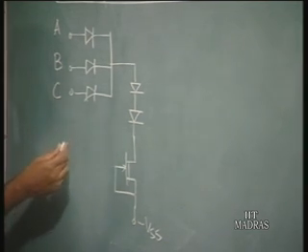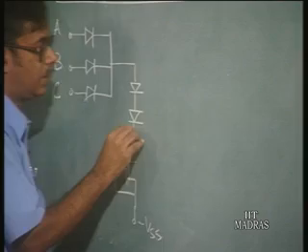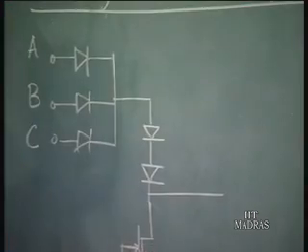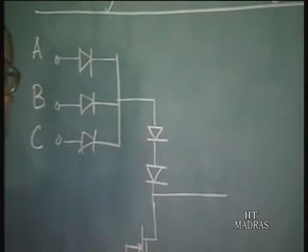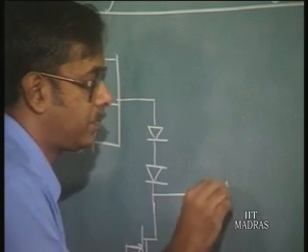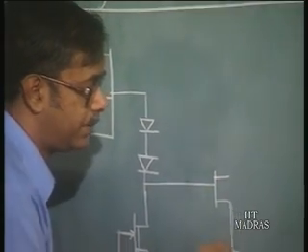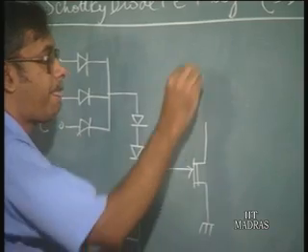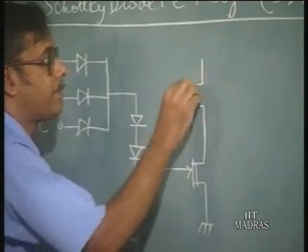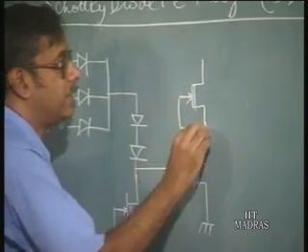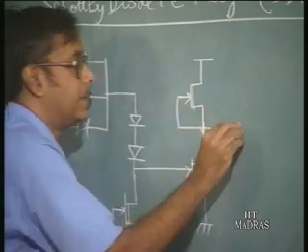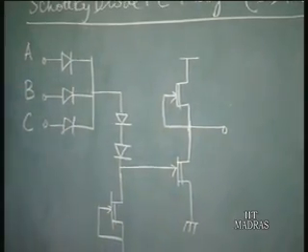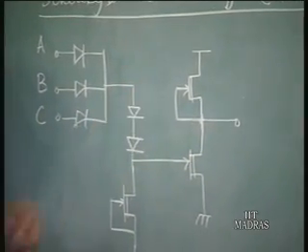This is then followed by an inverter, because we require a NOR or a NAND as a universal logic gate. So, this is an inverter.